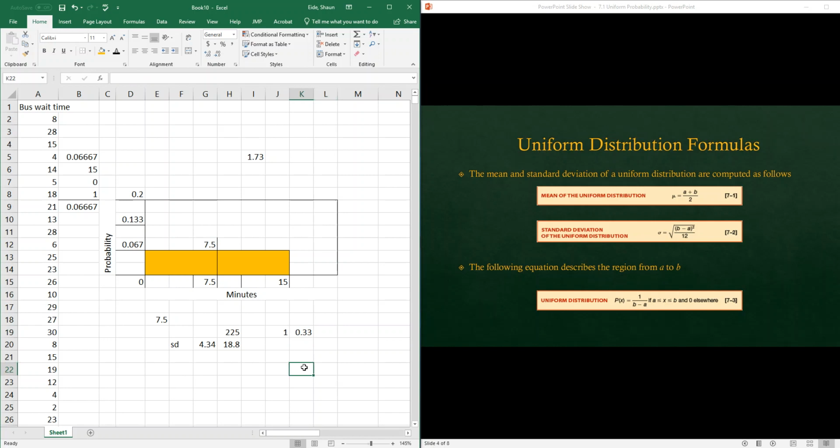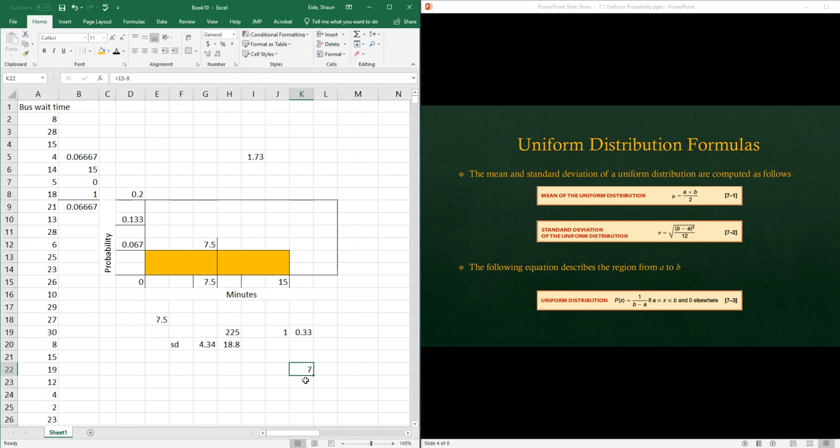Or if we want to find out what is the probability of an individual waiting, let's say, 8 minutes or more. Then we would take equals 15 minus 8, so 7.